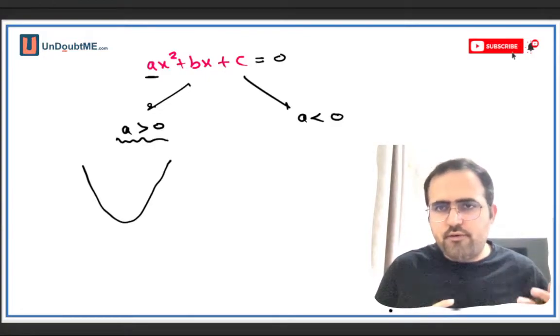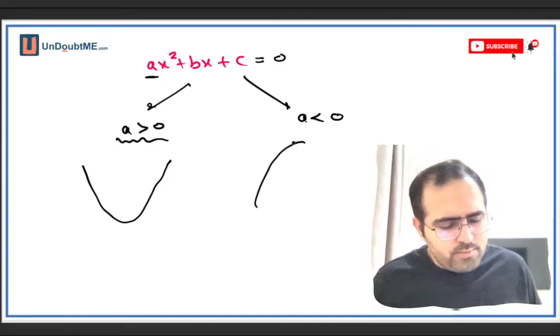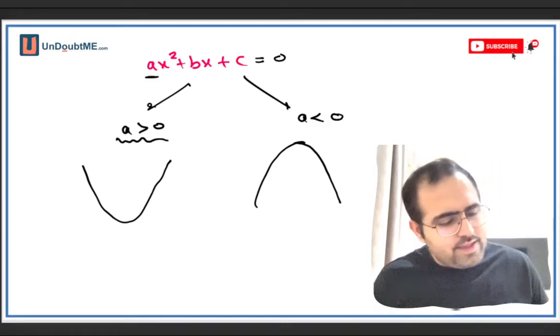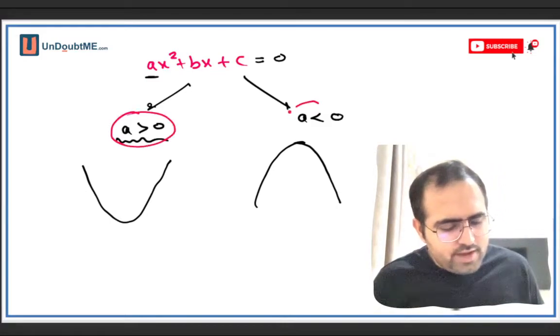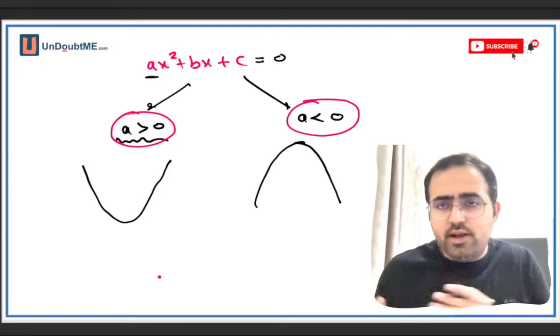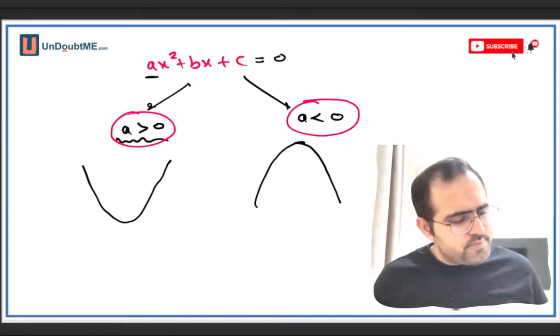This is just a rough analysis. And for a less than 0, it will be a downward parabola. So in all, for two different variants of a and three different variants of discriminant, we are going to get 6 cases for the graph of quadratic equation.